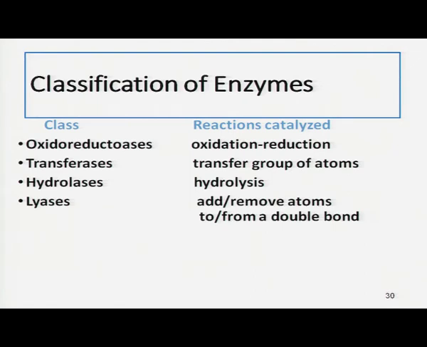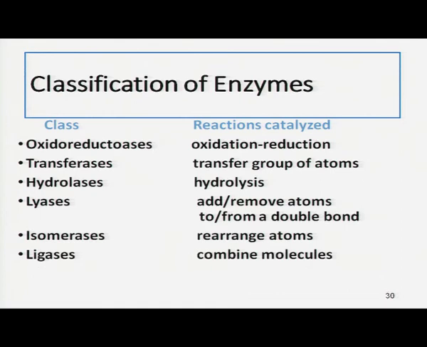Lyase, which means adding or removing atoms to or from a double bond. Isomerase, which rearranges the atoms. Ligase, that combines the molecules. So, these are the 6 types of classification of enzymes on the basis of IUB.